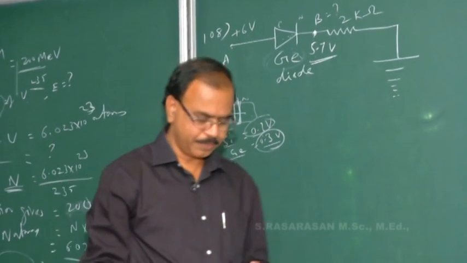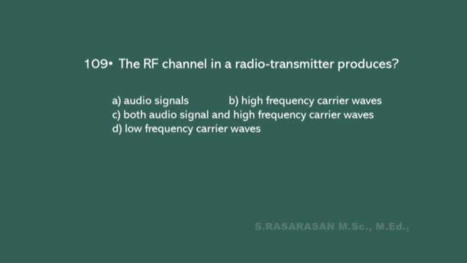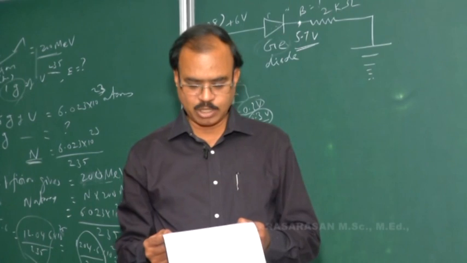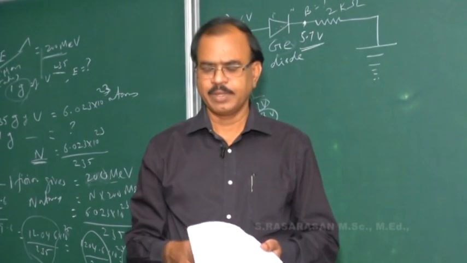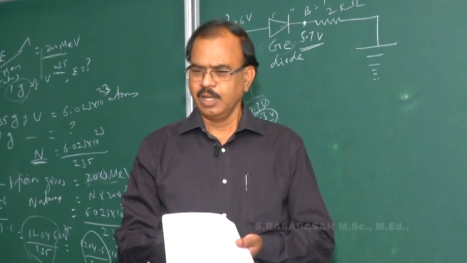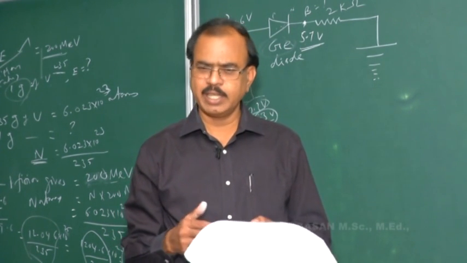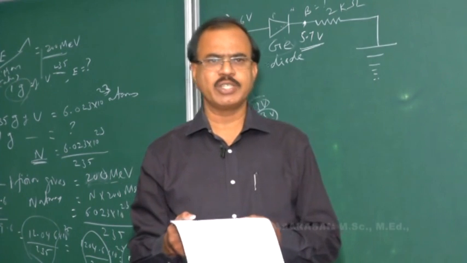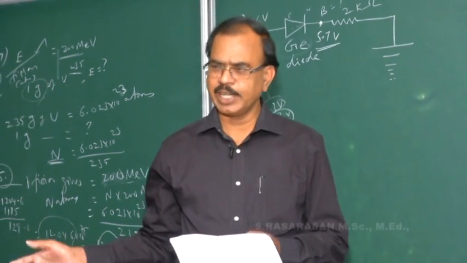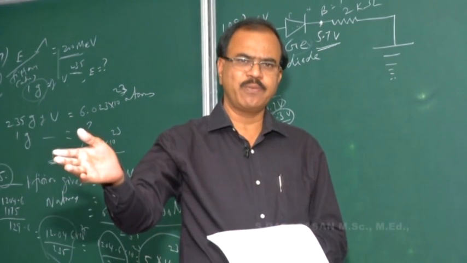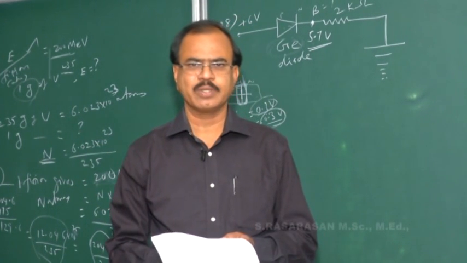109 next. The RF channel, that is radio frequency channel, in a radio transmitter produces. Say in a radio transmitter there are two channels, one audio frequency channel, another is the radio frequency channel. The radio frequency channel produces radio frequency waves, high frequency waves, carrier waves.